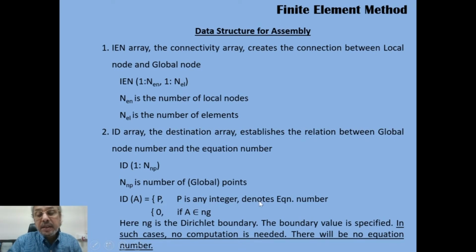P is any integer that denotes the equation number it connects to. And 0 is if it is not connected to any equation, and usually these are Dirichlet boundary conditions. The boundary values are always specified. In such cases, no computation is needed. There will be no equation number.